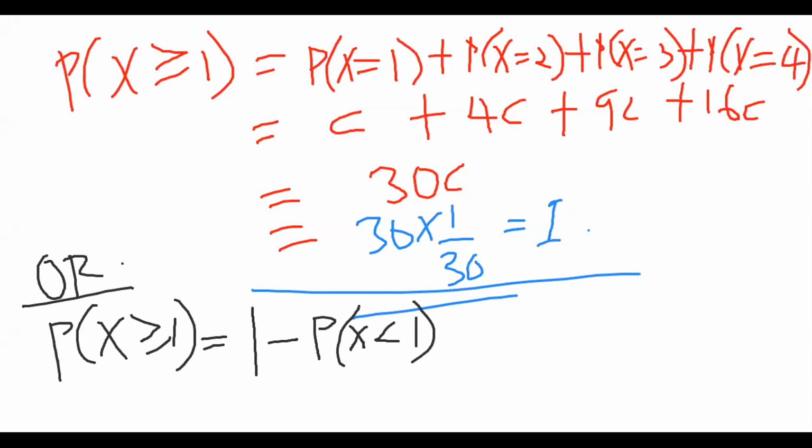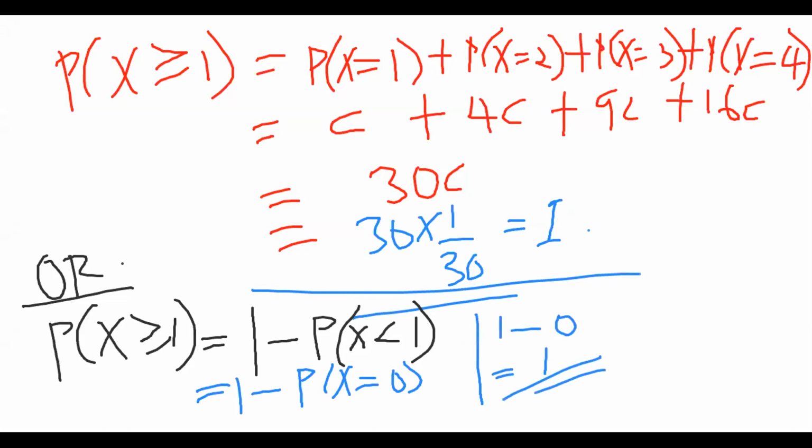So in writing the less than, you don't include that 1 in that expression. So this is the same as 1 minus the probability of x equals to 0. And from what we have in the table, it is the same as 1 minus 0, which gives us a 1. So you can always look at the shorter way of getting the answer, but all the values are correct.